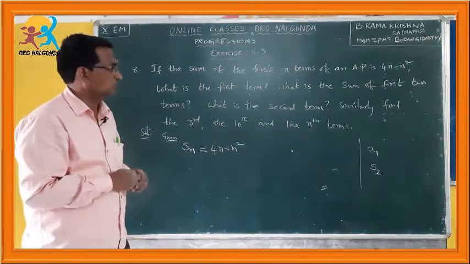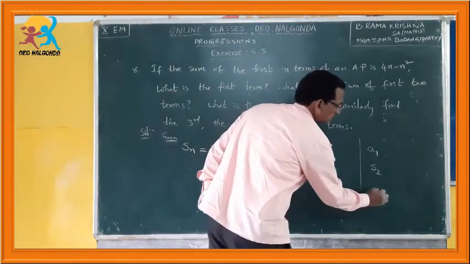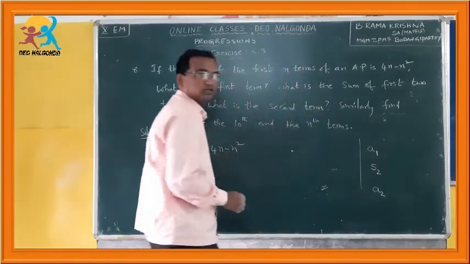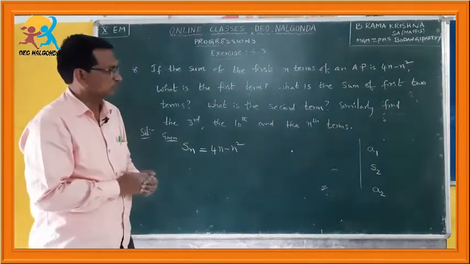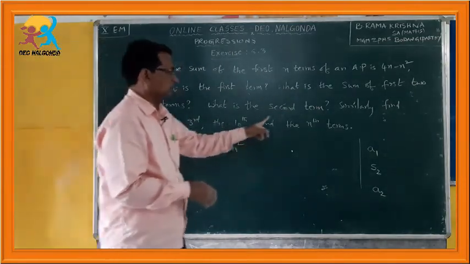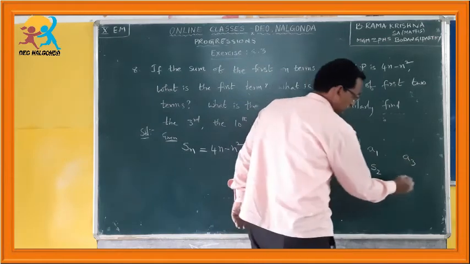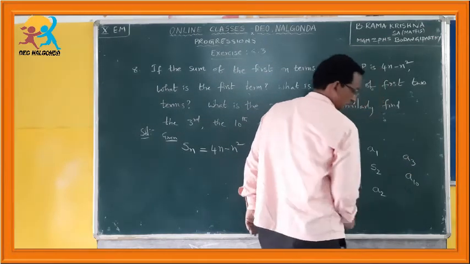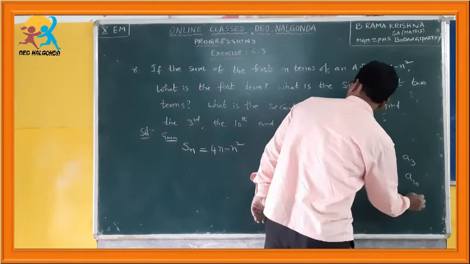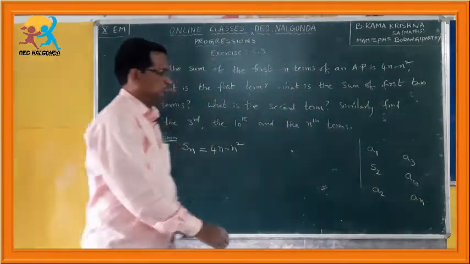S2, sum of two terms. And what is the second term? You have to find A sub 2. Similarly, find the third term, 10th term and nth term. He is asking us to find the third term, the 10th term, also the nth term, An also.